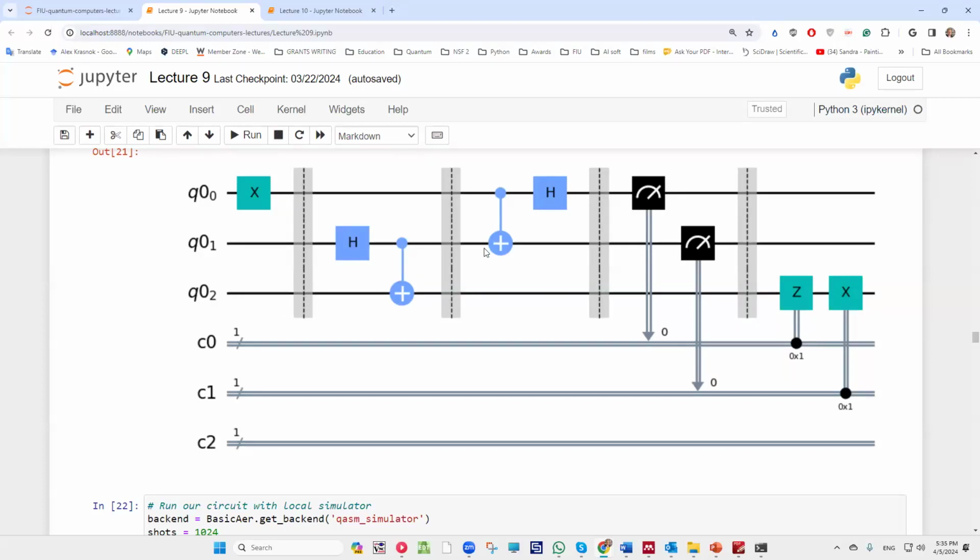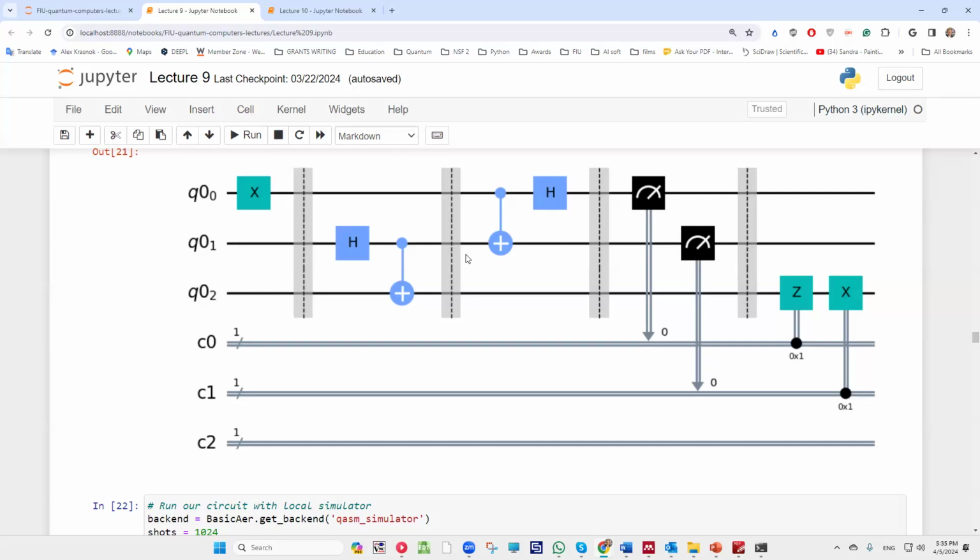Then she entangles the qubit that she shares with Bob to her own qubit, then applies Hadamard and measures both of her qubits. This is how it works in practical realization.